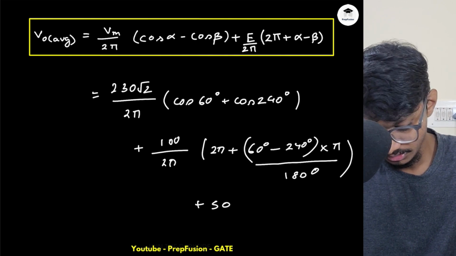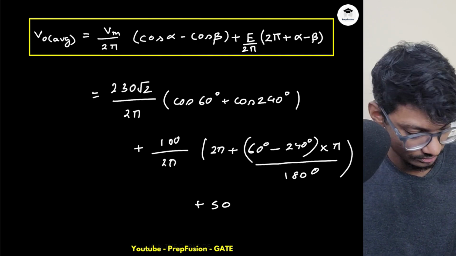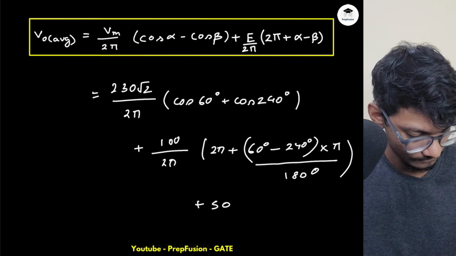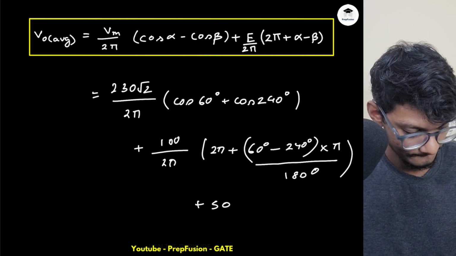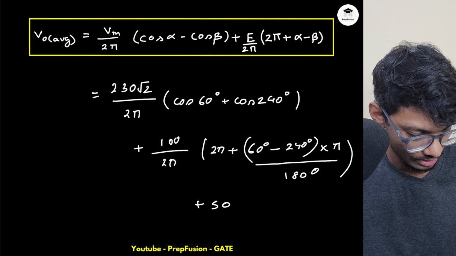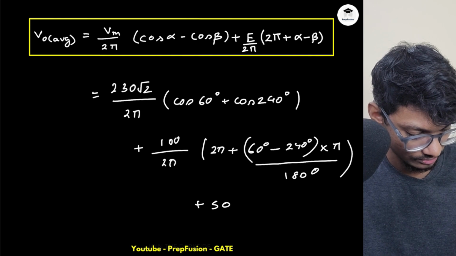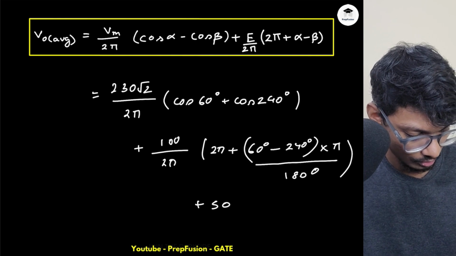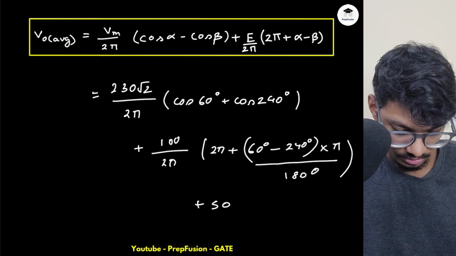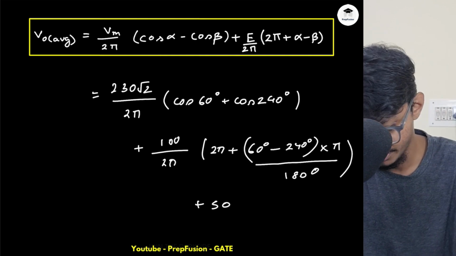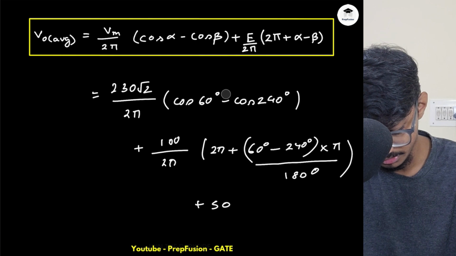Everything is correct. Plus this. What is this value? This value is 230 into root 2 and into cos 60. What is cos 60? Cos 60 is 0.5, and cos 240. Basically here I have a minus, so minus will get plus here.